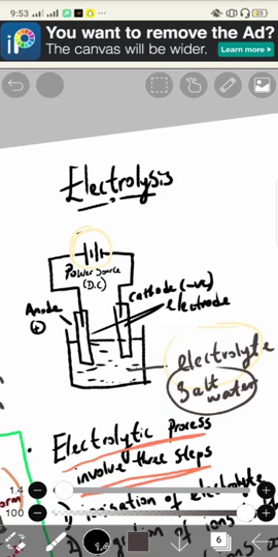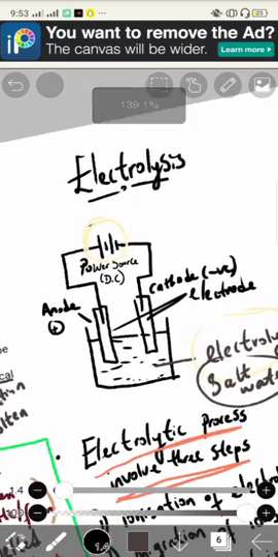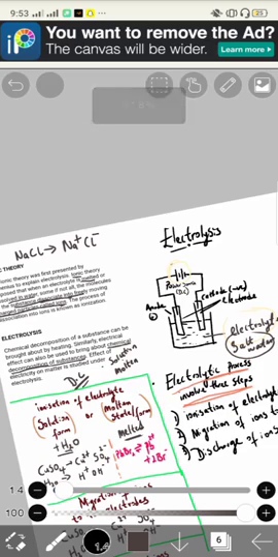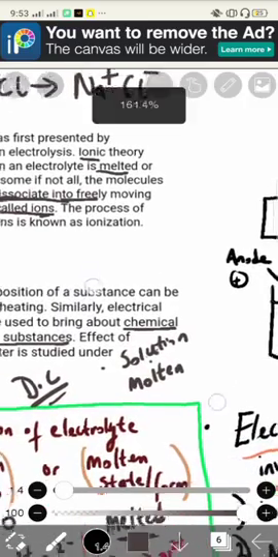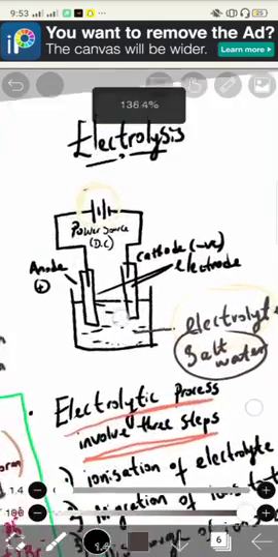So don't forget, the things that need to be present before electrolysis can take place are the presence of direct current, and electrolytes, or substance in solution state or molten state. And that's pretty much the most important part.